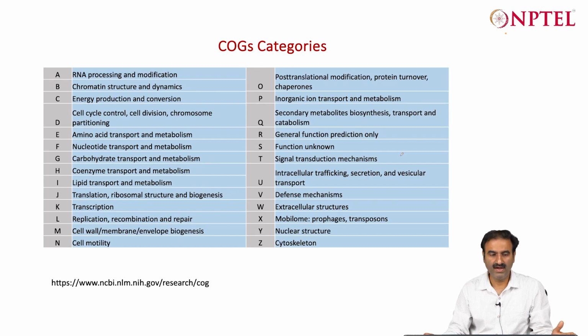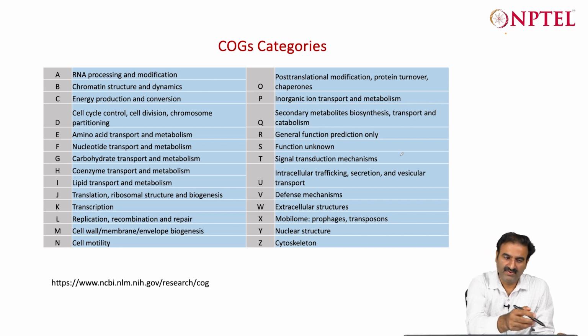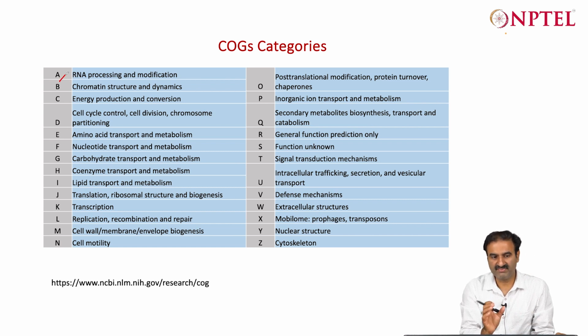Basically it defines the proteins into various functional categories like these. So for example, I have 10 proteins, and if I do a search against the KOG protein database, it will assign the protein into any of these categories. It can be assigned a function like RNA processing and modification.